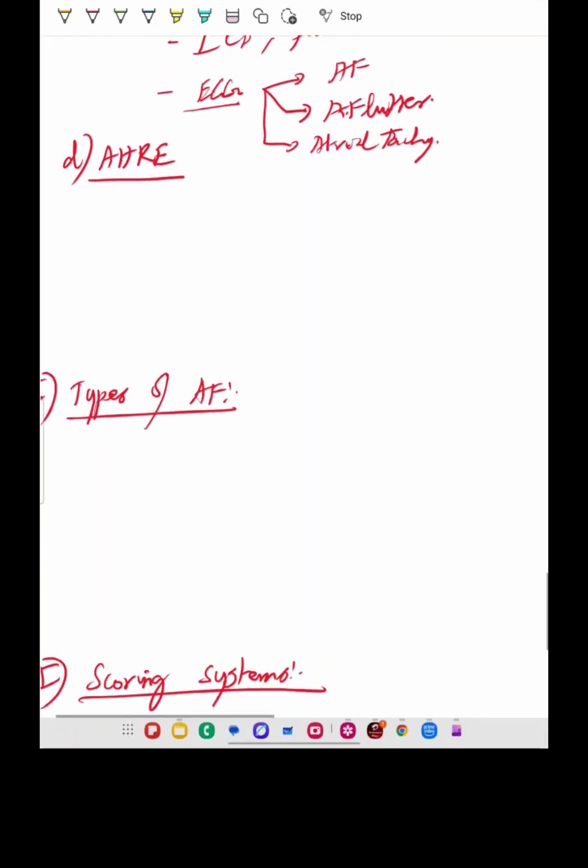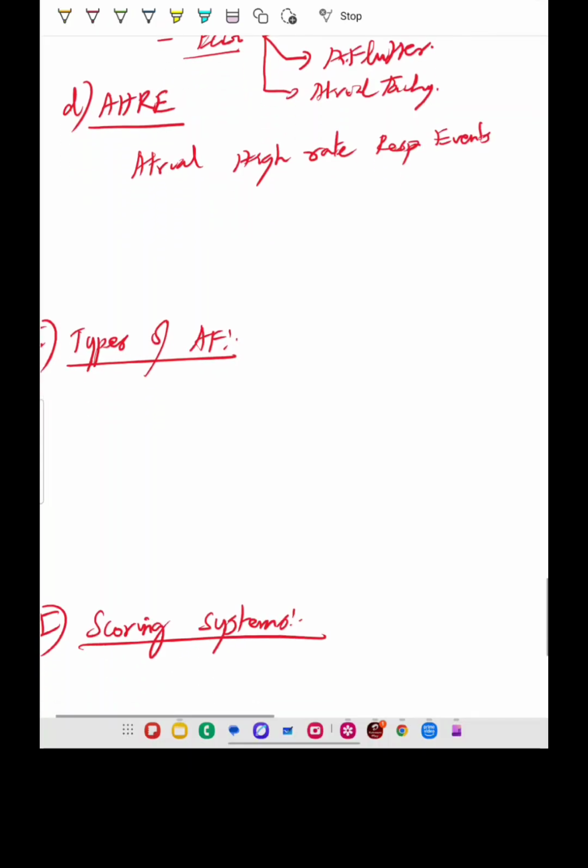So what is this AHRE? That is atrial high rate response events. So any atrial activity more than 175 per minute lasting for a duration of more than or equal to 5 to 6 minutes.